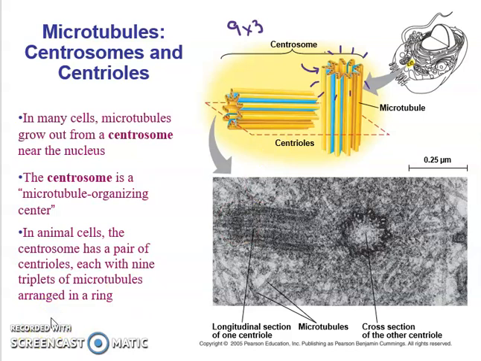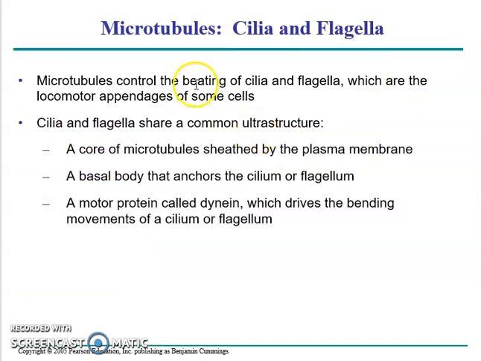If you take the HESIs or the MCATs or the biology GREs or something like that, they love this question too, that 9 by 3 arrangement, and this is how the tubules set themselves up with basically 27 if you multiply them, tubulin fibers or filaments.